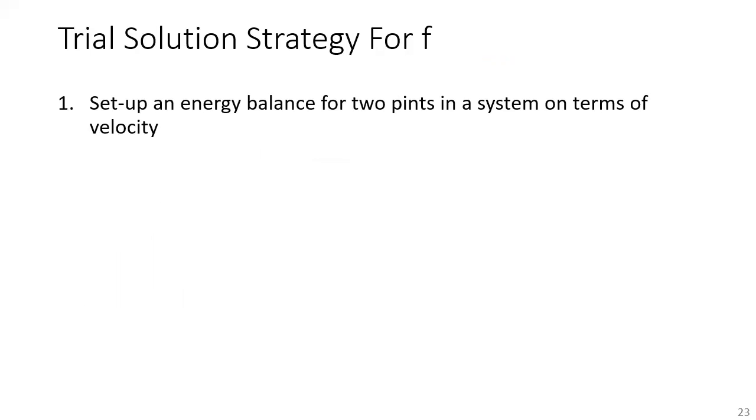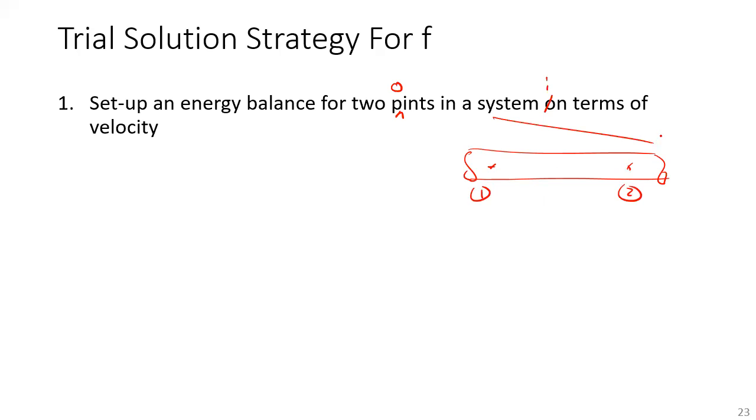First thing you do is set up an energy balance for 2 points, not 2 points, pints. I guess I was doing this last night. Setting up an energy balance for 2 points in a system in terms of velocity. So for example, we've got our pipe, just like the previous problems. And between 2 points, 1 and 2, we've got the energy grade line decreasing in the direction of flow.